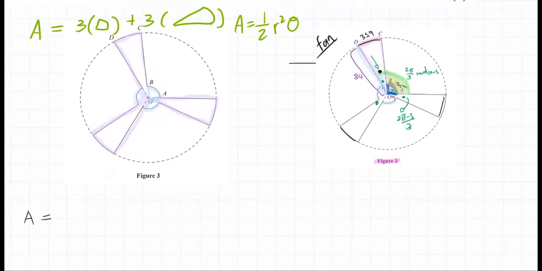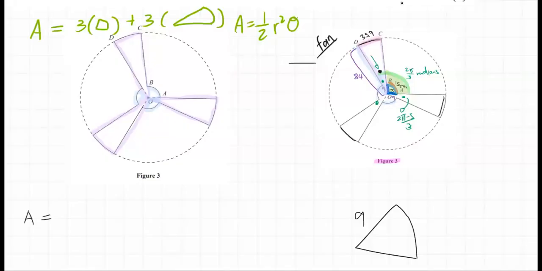We do the small ones first. So if we make a bigger version over here, the small one has a radius of 9 and it has an angle of 2 pi over 3. Trying to understand my own drawing here.